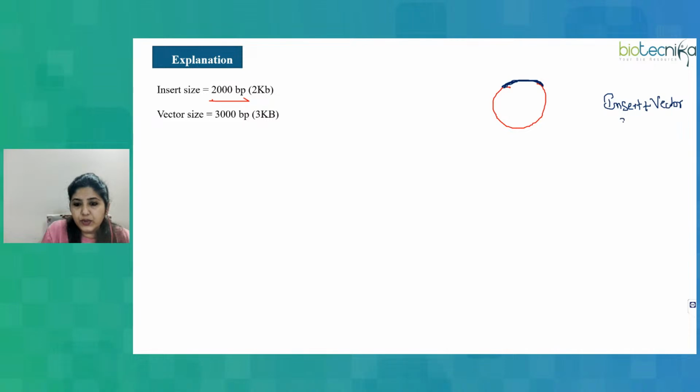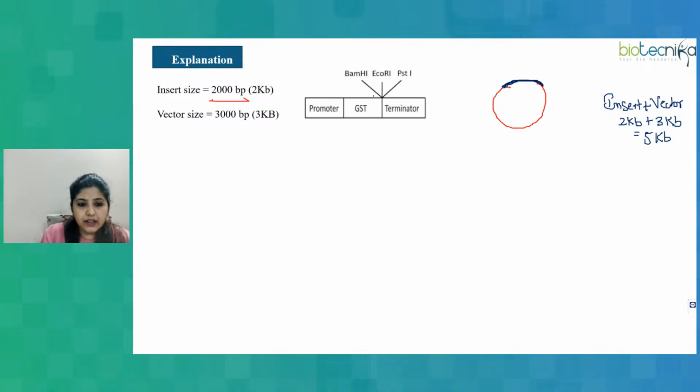So insert is 2 kb and your vector is 3 kb. So that totals 5 kb, right? So total gene plus vector should be 5000 base pair, right? Now, this is the information given to us in the question.